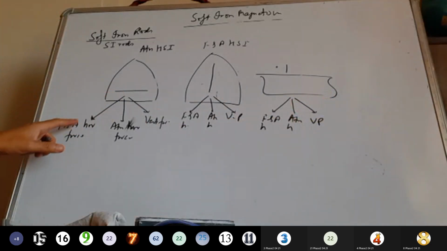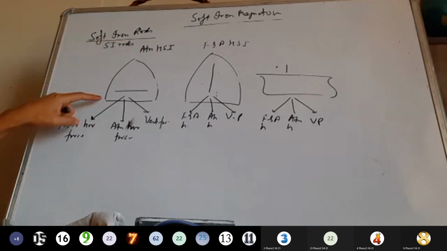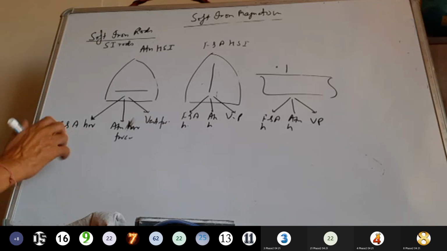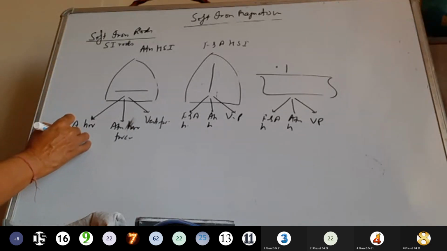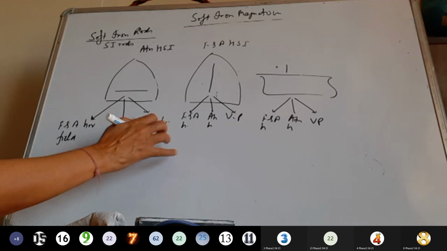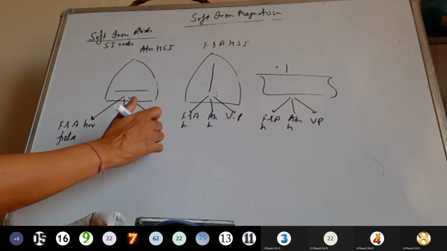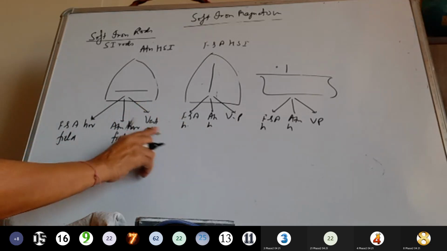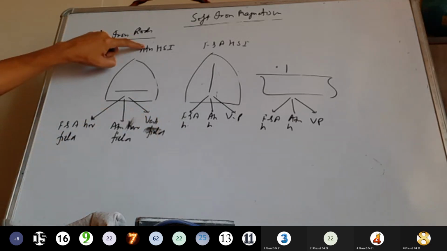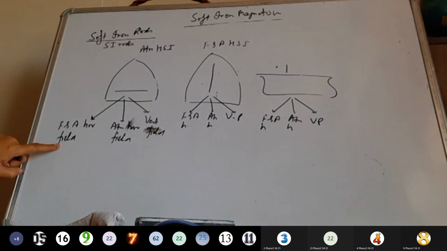So what will be this force? Instead of force, we can call it field. Athwartship horizontal soft iron creating a fore and aft horizontal field.